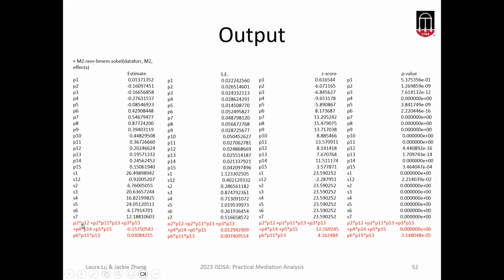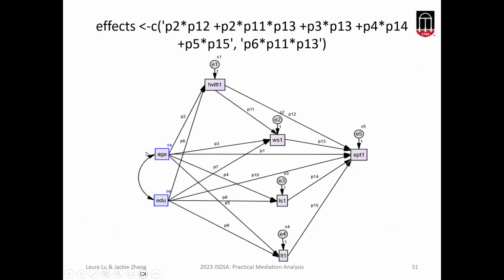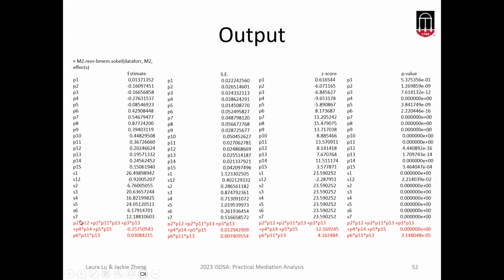And then we have two additional effects. Let's look at the first additional component. That is the total indirect effect from H to EPT. The number is reported here. This is the estimate, this is the standard error, this is the Z value, and this is the probability, the P value.